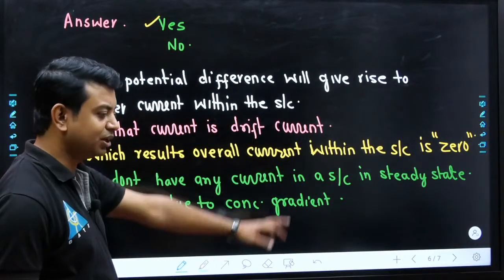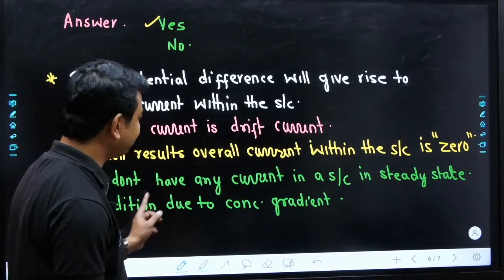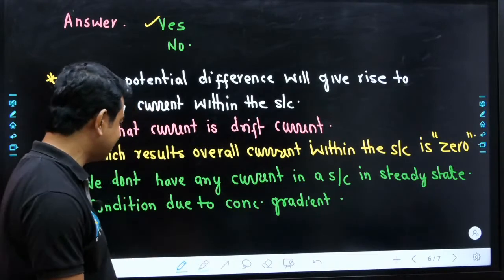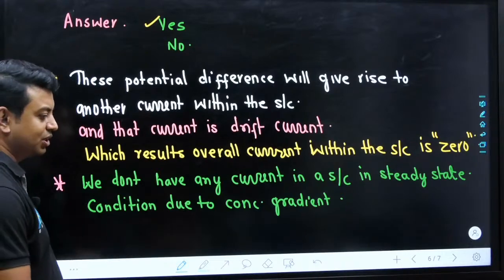So, because it will become a 0 current, we do not have any current in a semiconductor in a steady state condition due to the concentration gradient.